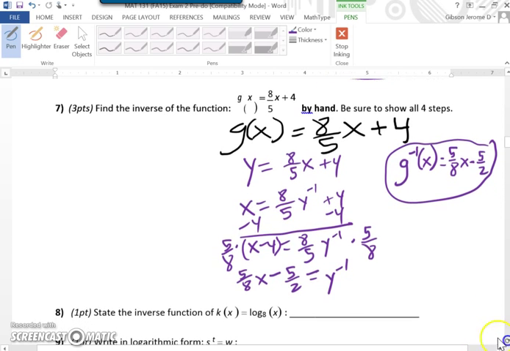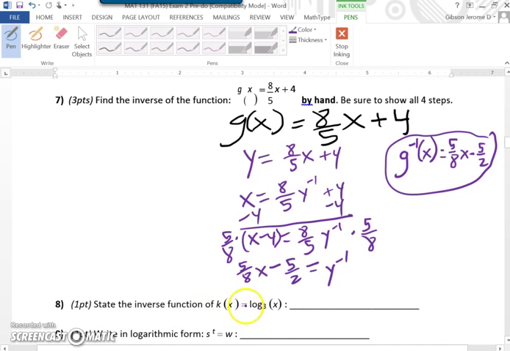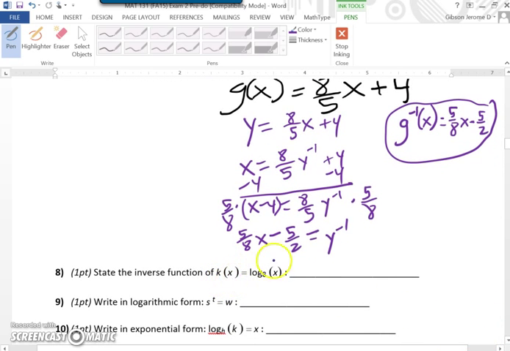Okay, now it says here, state the inverse function of k of x equals log base 8 of x. This is what I would do. K of x, I would make y. So I have y is equal to log base 8 of x. Then I would make this into an exponent: a to the y is equal to x.